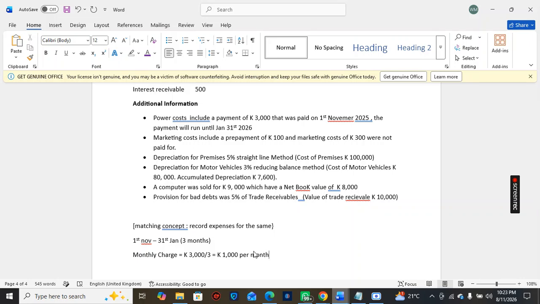Now, since we know the monthly charge, what we're trying to determine is how much is the prepayment and how much is the expense for the year. So we need to know, from 1st November 2025 to 31st December 2025, that is 2 months.